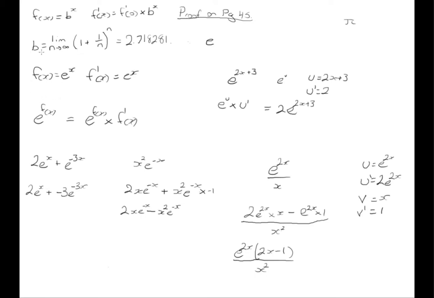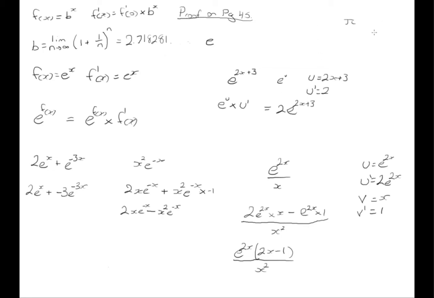So what we get, if we look at limits, and we've got this number n, as n gets closer and closer to infinity, remember for limits that we normally have h tends towards 0, but in this case as n gets larger and larger, what this becomes is a number that's getting closer and closer to 2.718281, etc. It's an irrational number, it's like pi, it goes on forever.